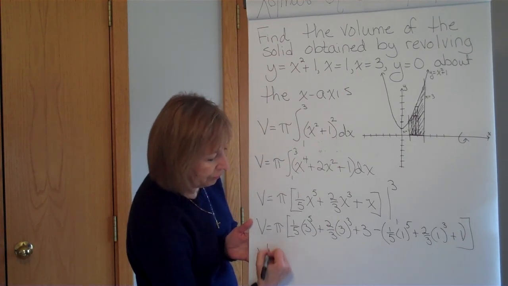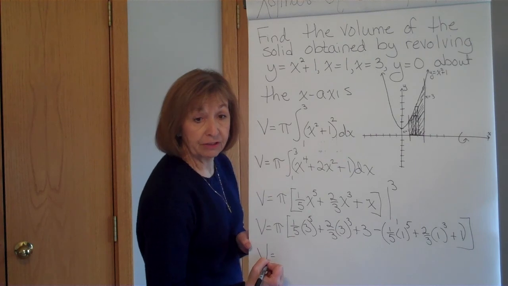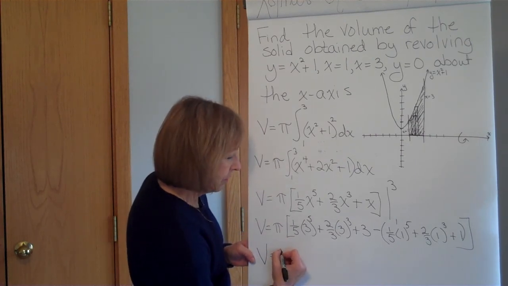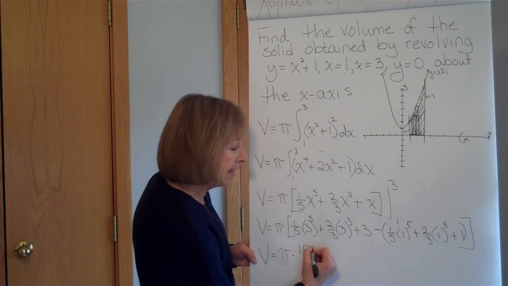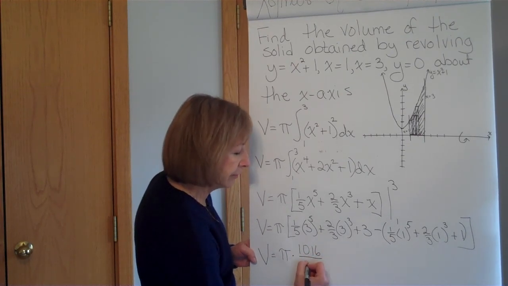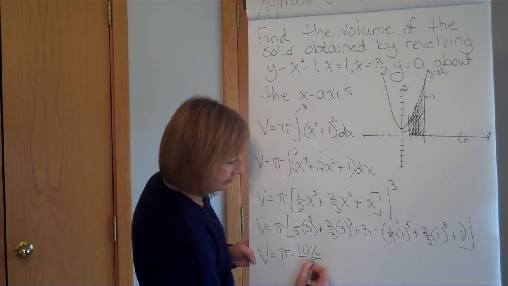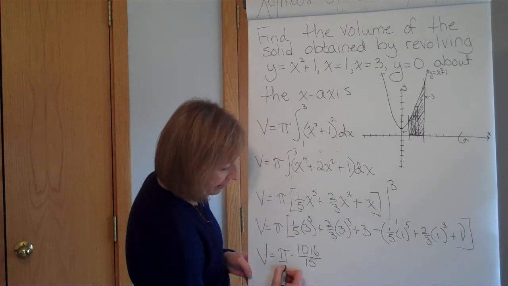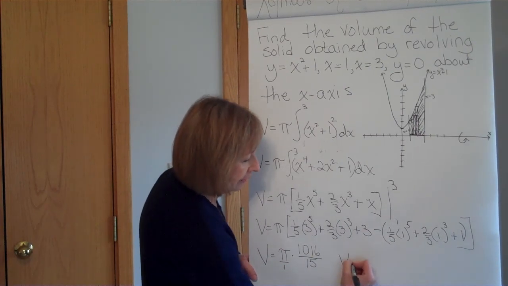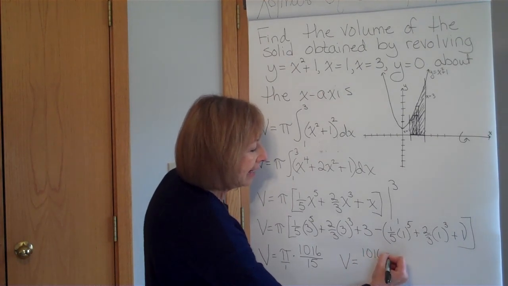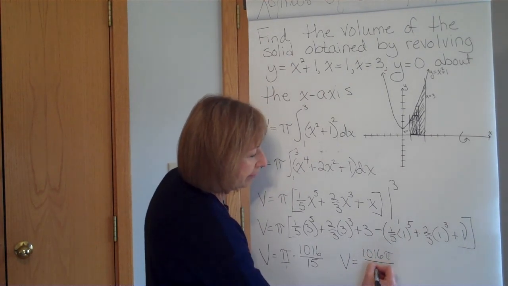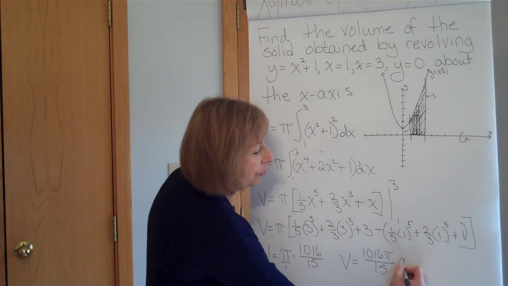When you go through and do the calculations, it's pi times 1016 over 15, and remember, that's like pi over 1. So my volume is 1016 pi over 15 cubic units.